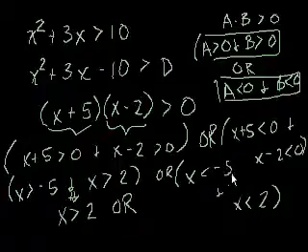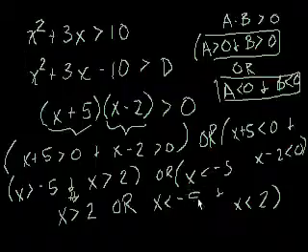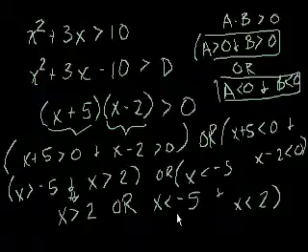Well, if x is less than negative 5, then x is definitely less than 2. So we could just simplify it to x is less than negative 5. So the solution to this problem is x could be greater than 2 or x could be less than negative 5. And so let's just think about how that looks on the number line.